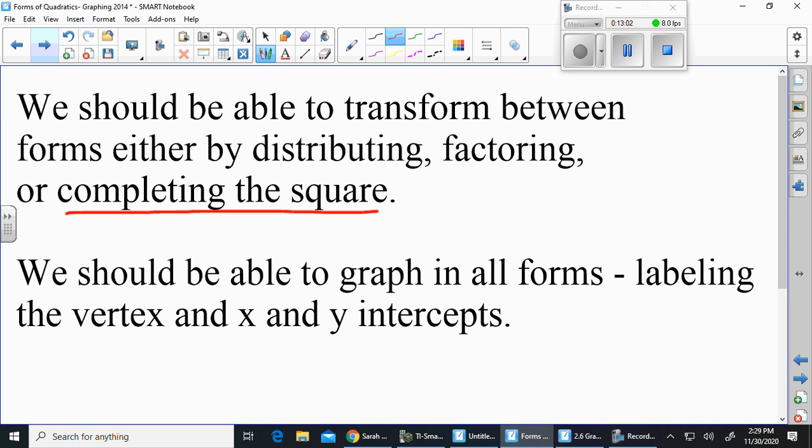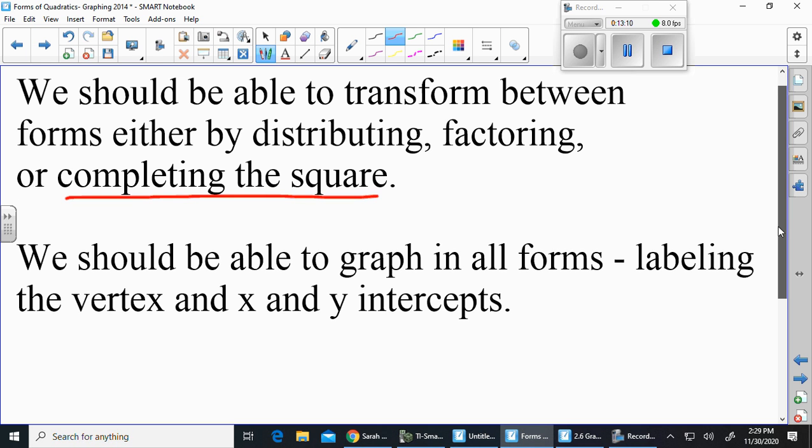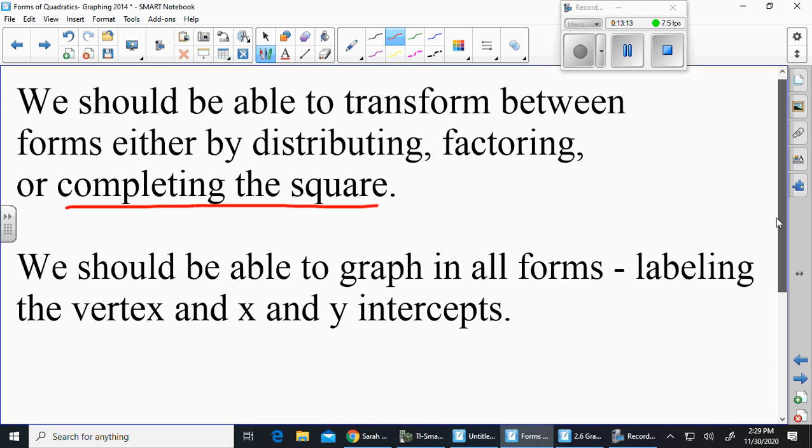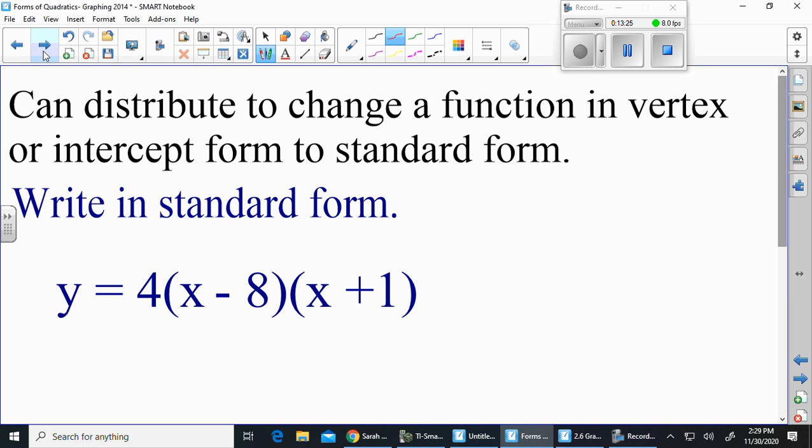I would say to you, I do that more in pre-calc, but I would know how to change into intercept or standard form. You have to be able to graph in all forms though, because otherwise you're not going to be able to finish a test.